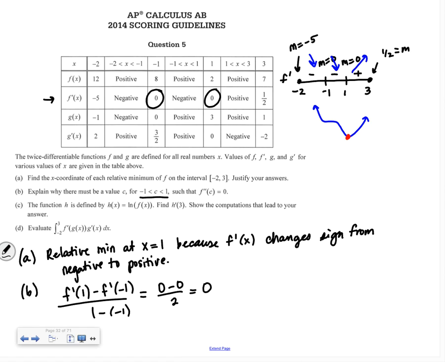And we need to write out our stipulation. So we need to say that f prime is differentiable because we knew that it was twice differentiable, meaning we can take the first derivative and the second derivative without any undefined values. And because of that, if something's differentiable, it's also continuous.